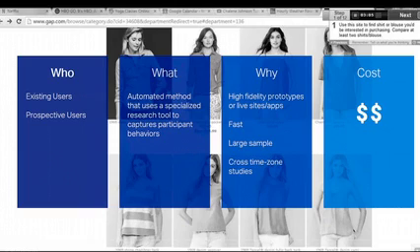Tests are usually done very fast, and they can run across a very large sample. That's why the budget really fluctuates a little depending on your tool, the subscription model, and also the sample base that you're looking at. One of the benefits of unmoderated tests is that they allow for cross time zone studies.